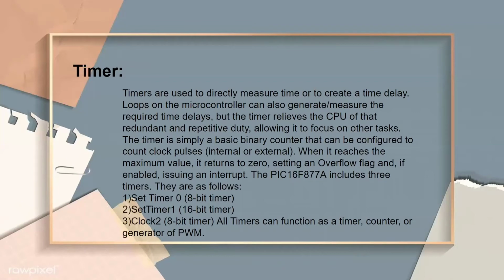Next one is timer. Timers are used to directly measure time or to create a time delay. A loop on the microcontroller can also generate or measure the required time delays. The timer relieves the CPU of the repetitive duty, allowing it to focus on other tasks.